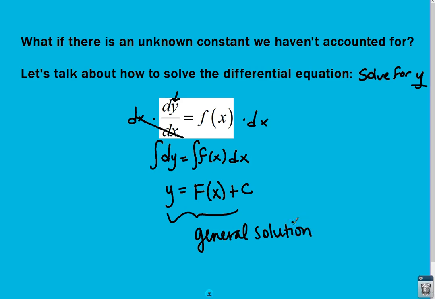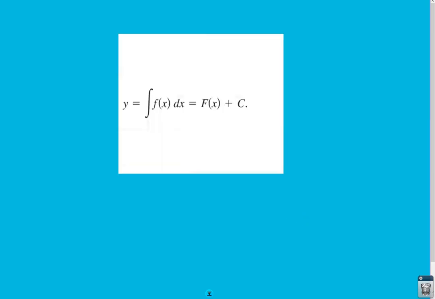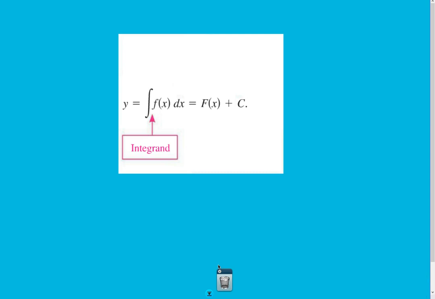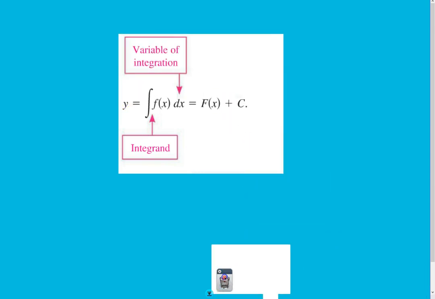Visually on the graph, this is what's happening. I think I have a graph of this. Let me see. We have different parts of this. Inside the integral, we have what is called the integrand. Out here is my variable of integration.